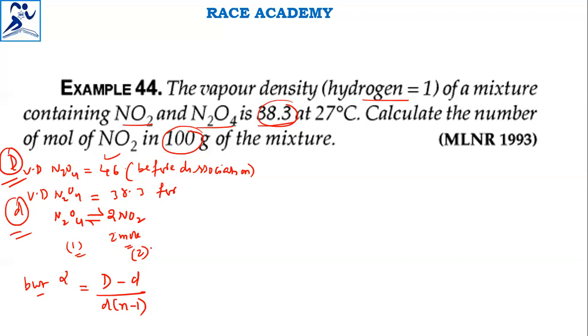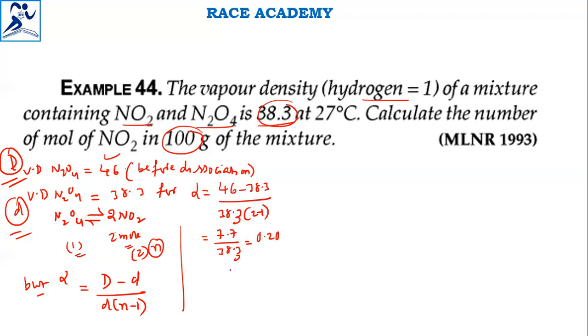That has to be taken as the n value. If we substitute that value in this, alpha is equal to 46 minus 38.3 by 38.3 into 2 minus 1. 2 minus 1 is 1 only. So 46 minus 38.3 will come 7.7 divided by 38.3. So that value on simplification we get 0.201.